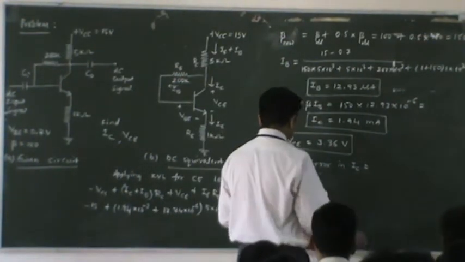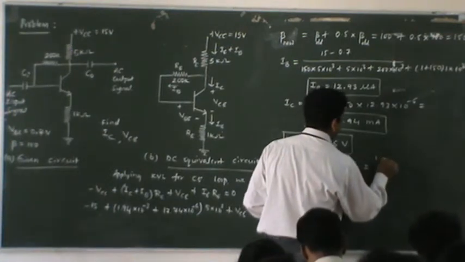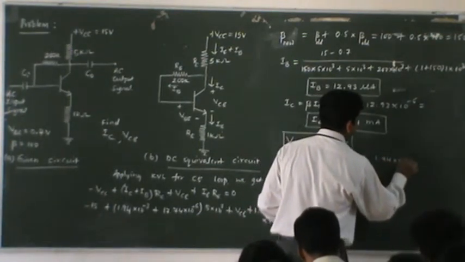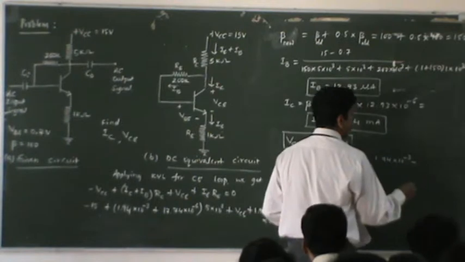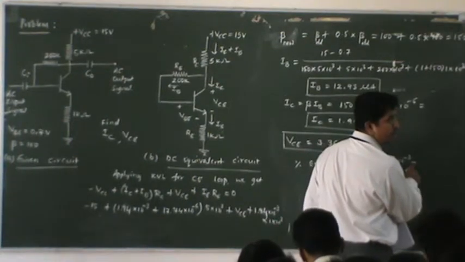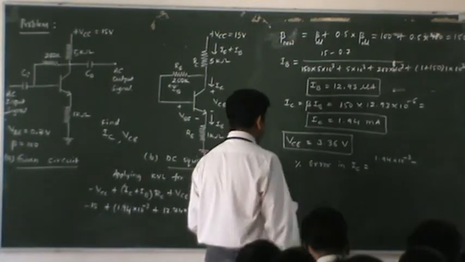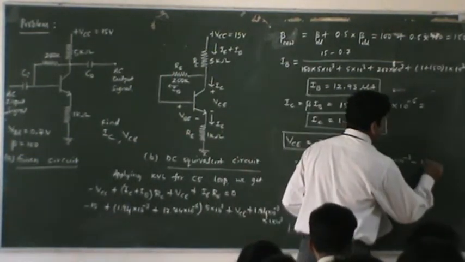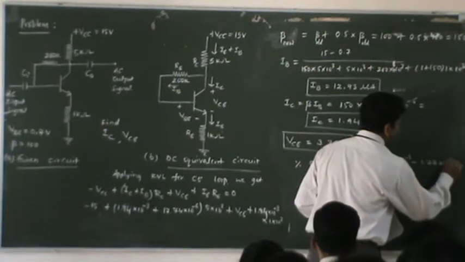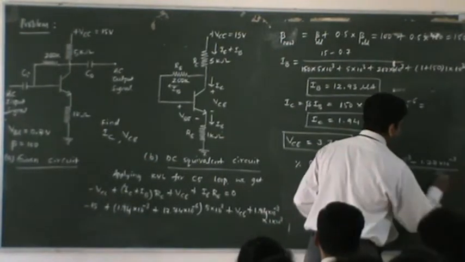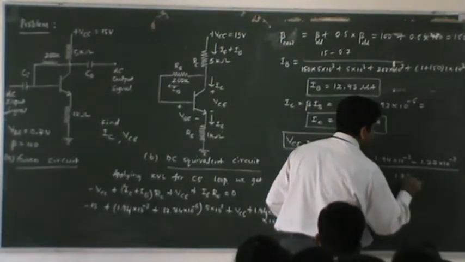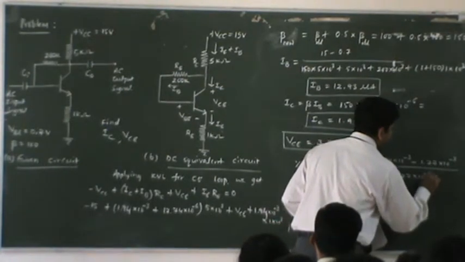So this is 1.94 into 10 power minus 3 minus the collector current for beta 100, that is 1.77 milliampere, 1.77 into 10 power minus 3, divided by 1.77 into 10 power minus 3.